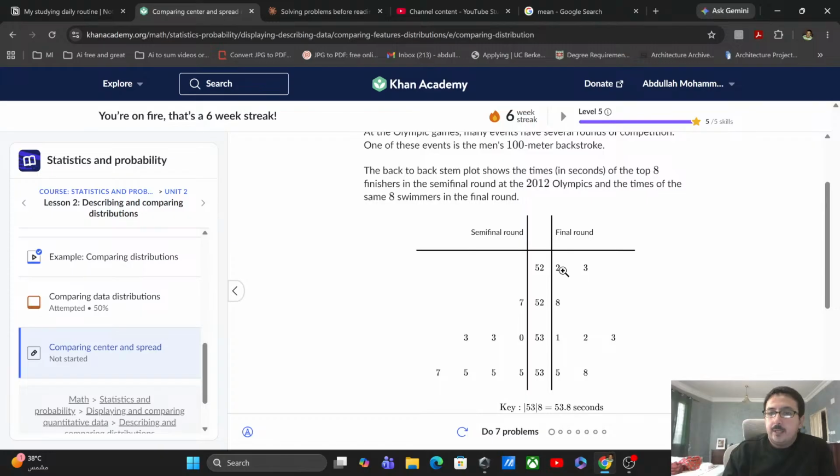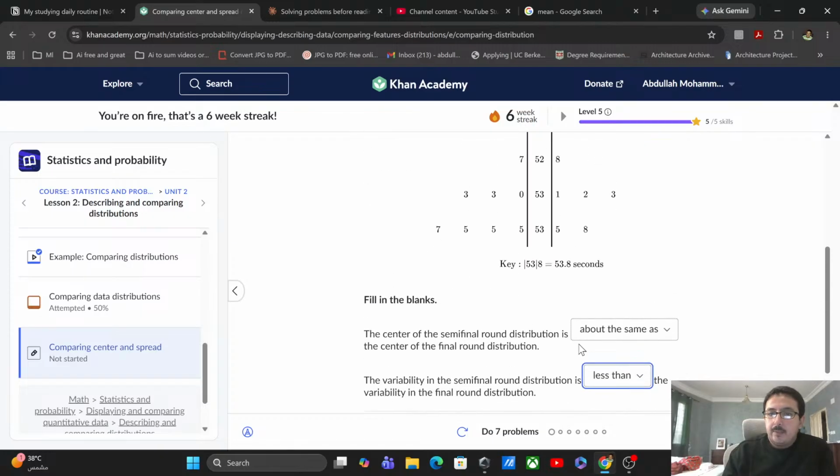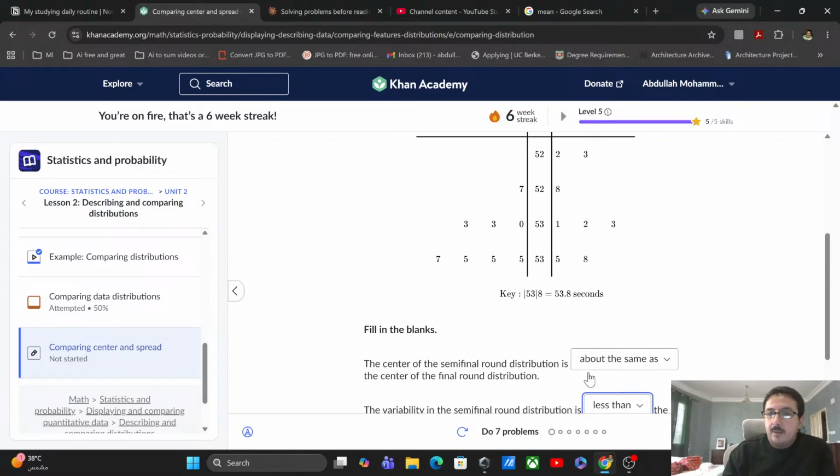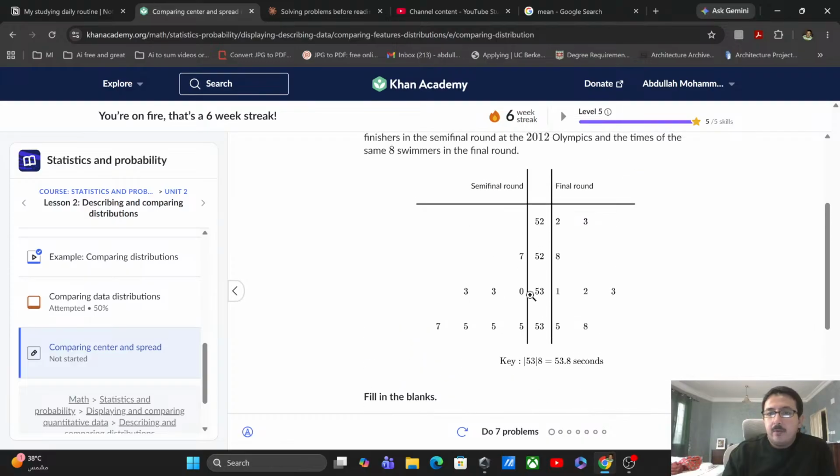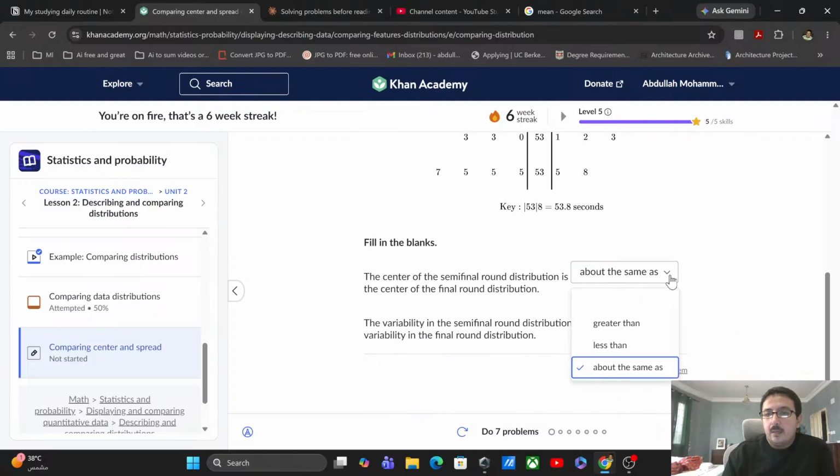The distribution here is greater, but here the center same as, I don't think so. The final round is still larger. The center would be here. No, the center is 53, is larger in the semi-final. It's greater than.